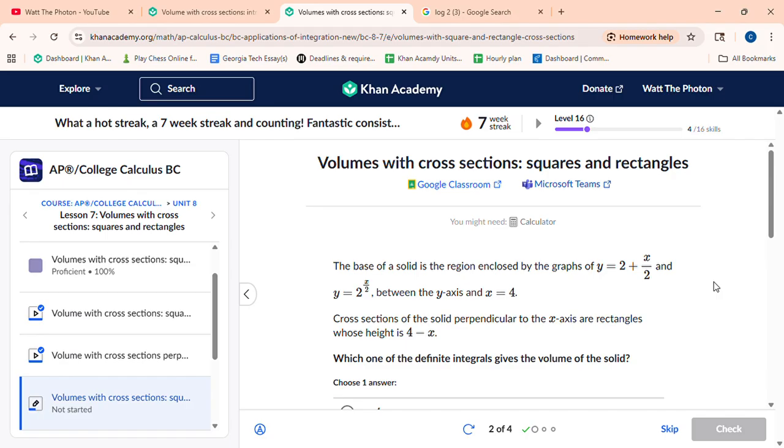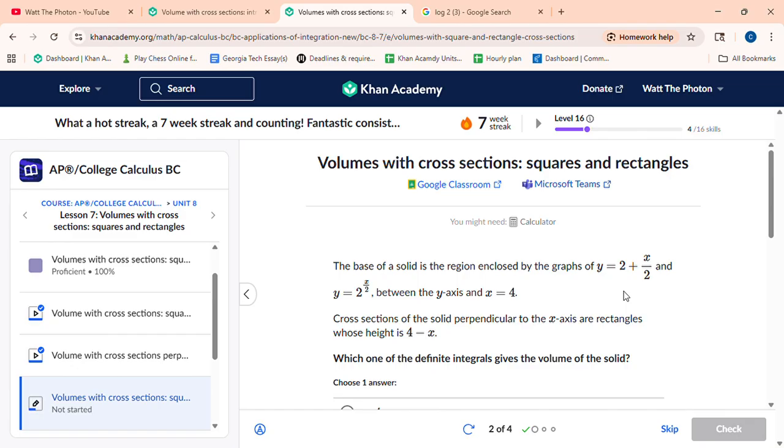The integral of, this is an exponential function, so that's going to be the minus. So we have 2 plus x over 2 minus 2 to the x over 2, between the x-axis and y equals 4, perpendicular to the x-axis. So you have y equals 0, y equals f of x.